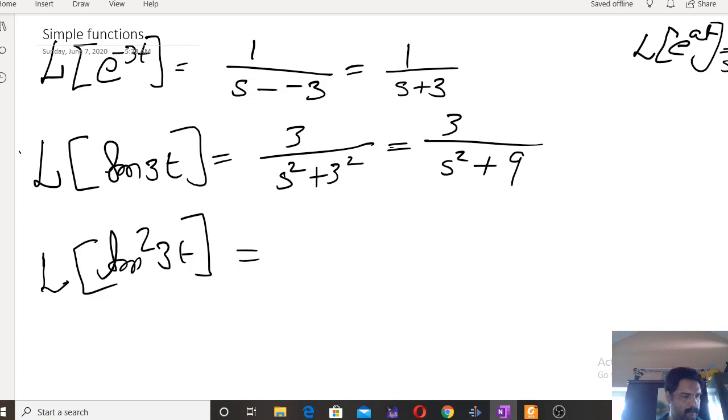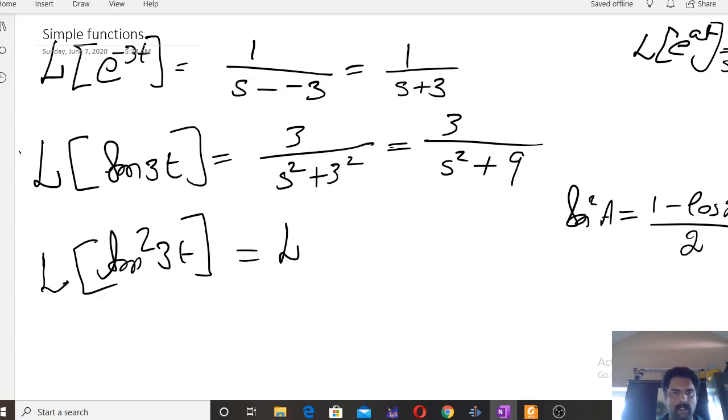We know that sin square a is equal to (1 minus cos 2a) divided by 2. So sin square a is replaced by 1 minus cos of 2 into a, divided by 2. Here a is equal to 3t, so 2 into 3t, that is 6t.